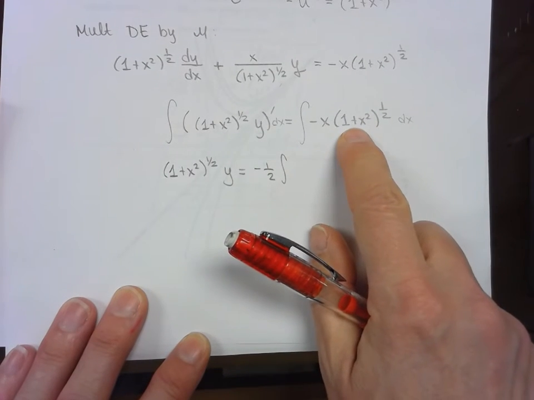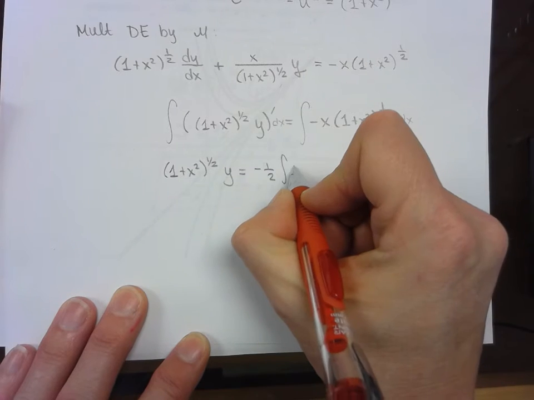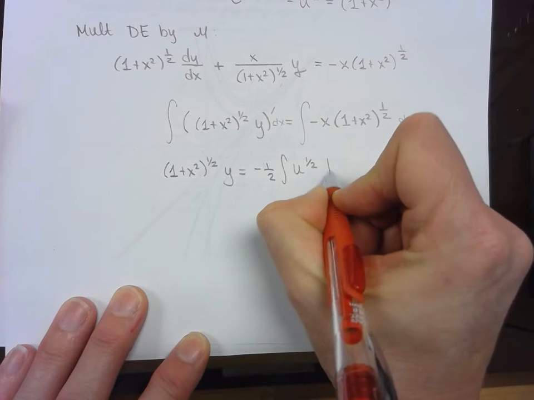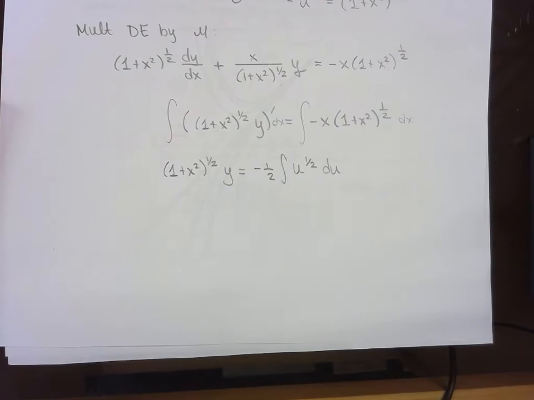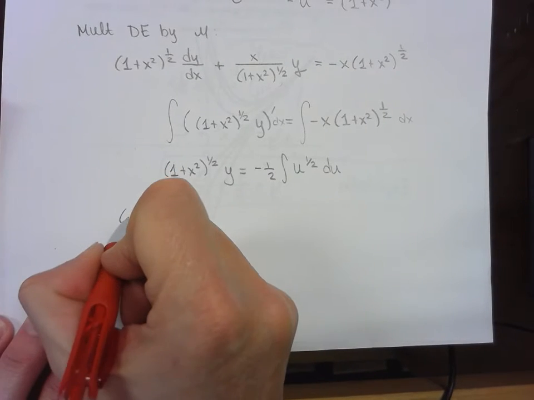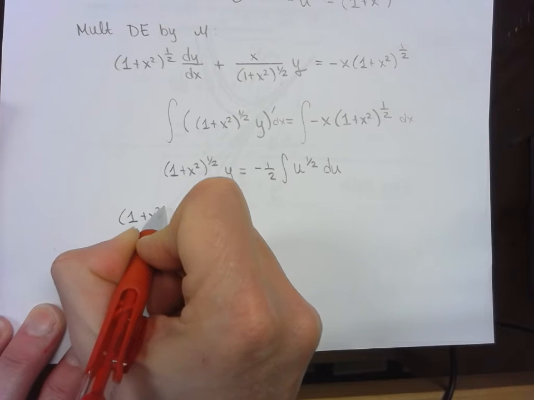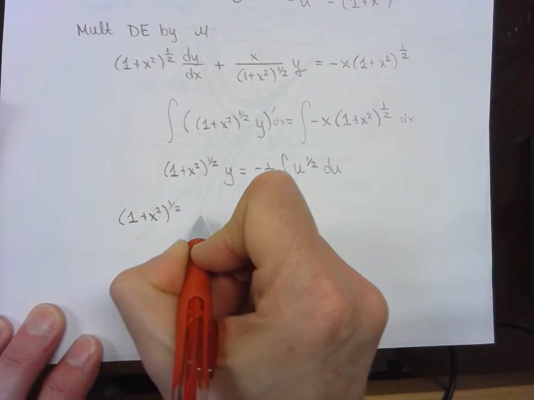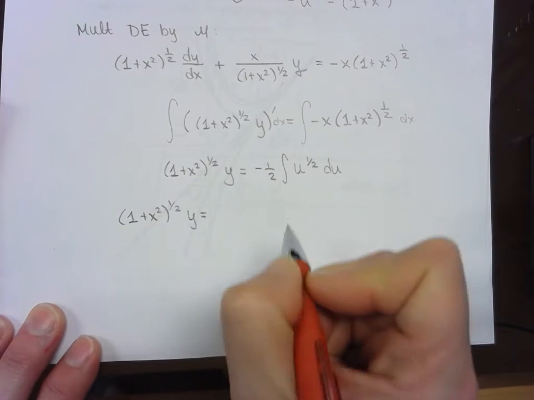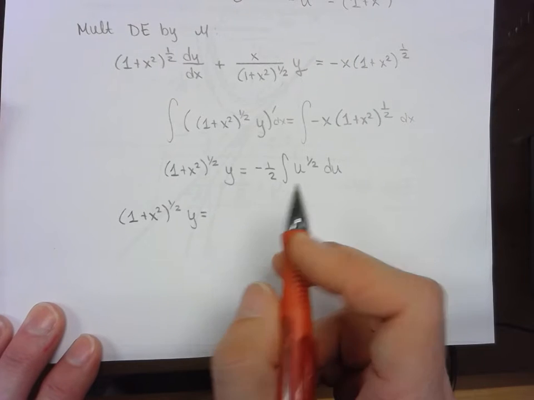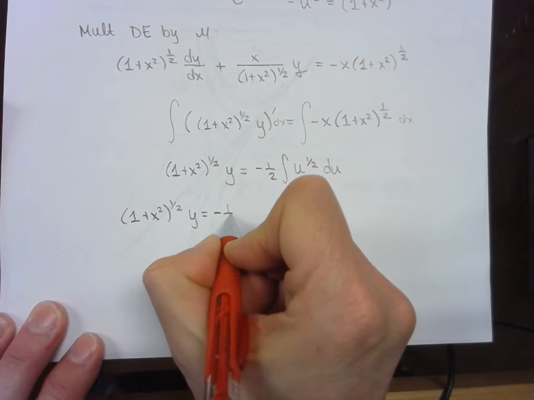And then this is u, so I have u to the 1/2. Okay, so the negative 1/2 is a constant that stays out in front.